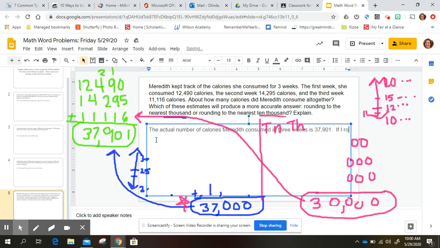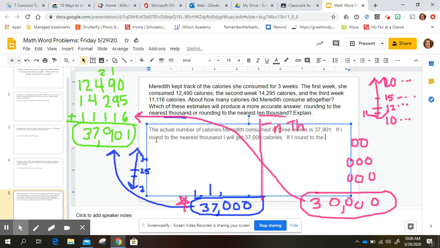If I round to the nearest thousand, I will get 37,000 calories.